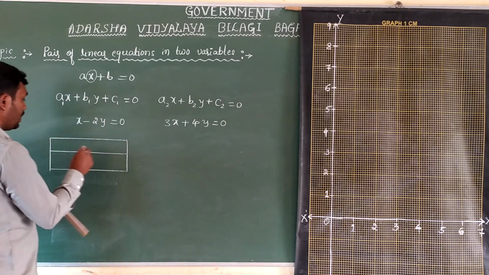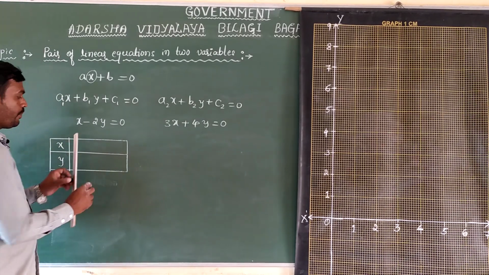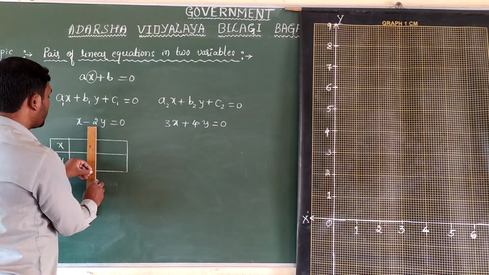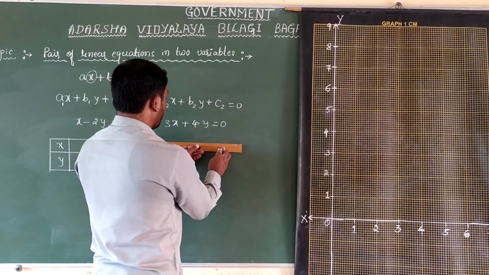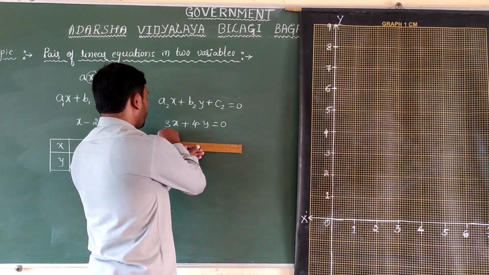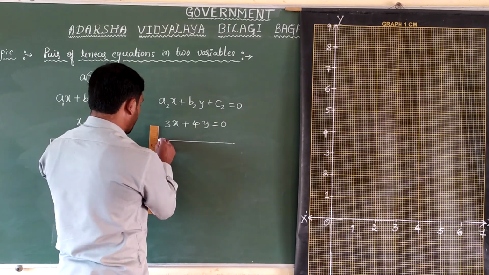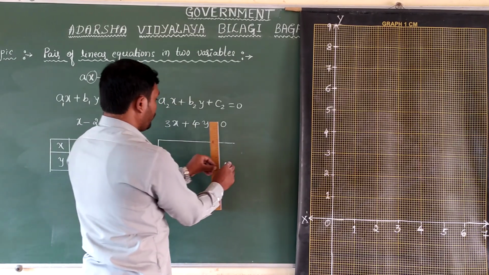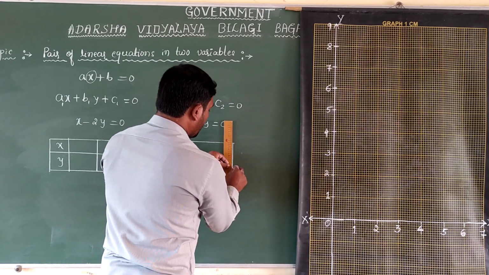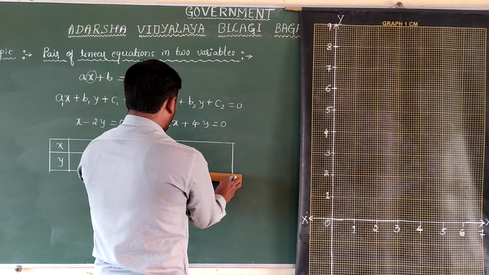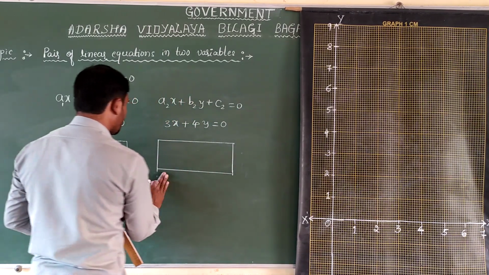To draw a line, we know that we require only 2 points. Here I will take 2 values for the first equation and 2 values for the second equation, because we know that when we draw the graph of a linear equation, it always gives a straight line. To draw a straight line, we require one starting point and one end point, children. So we can draw the line by using those 2 points.